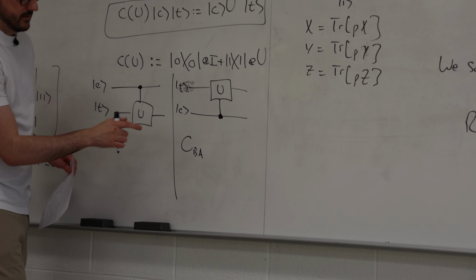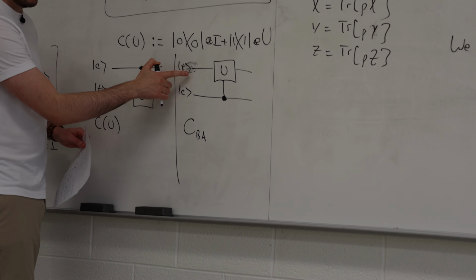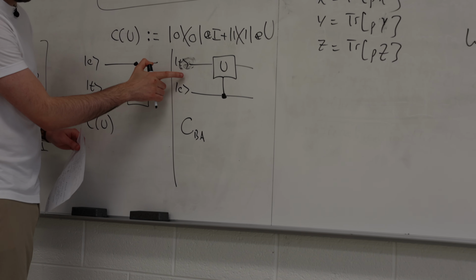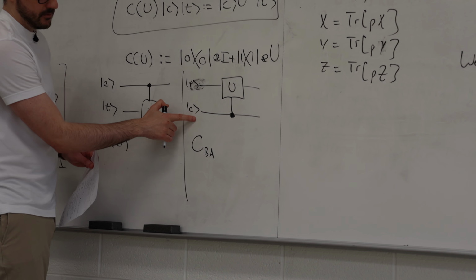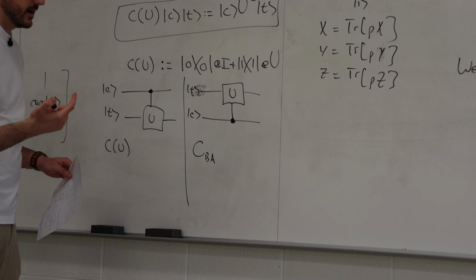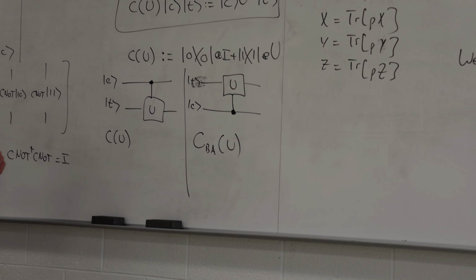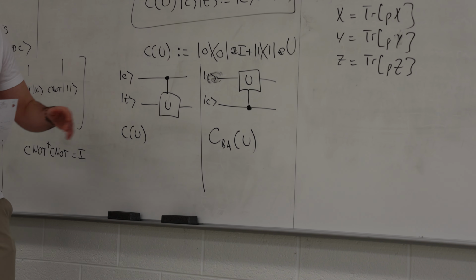So again, we're using our Alice and Bob analogy, or just the letters A and B. So the top wire being A, the bottom wire being B. And then the first one specifies what I'm controlling on. So controlled BA of an operator U, you could use this notation. You could also use numeric indices.